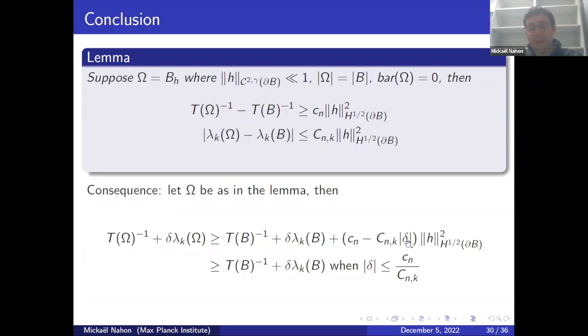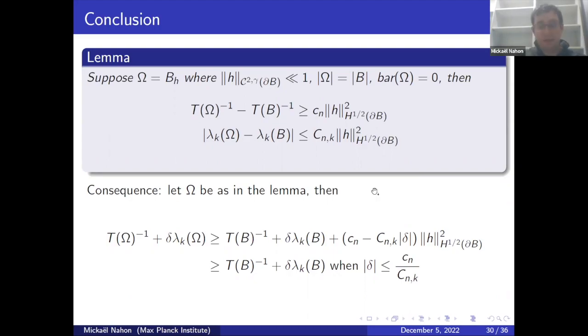And so h has to be 0 if we want omega to be a minimizer. So in the end, by the previous slide, we know that there is a minimizer that is an arbitrarily small perturbation of the ball as delta goes to 0. And then when delta is small enough, the ball is a minimizer in a neighborhood that does not depend on delta.